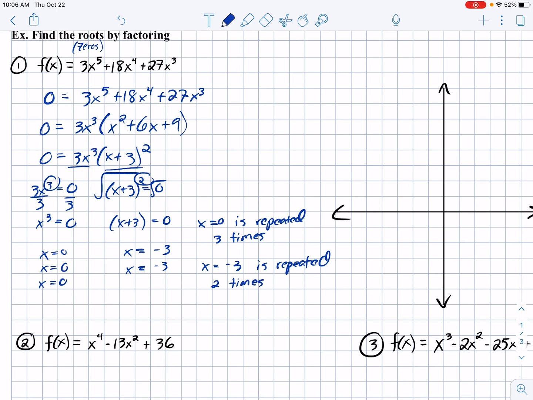And the number of times a root is repeated, or a 0 is repeated, that's called the multiplicity of a polynomial equation or function. So the multiplicity is the number of times a root or solution or 0 is repeated.